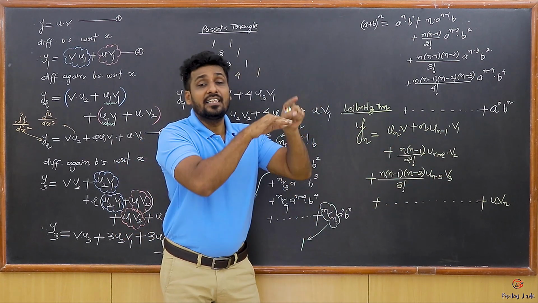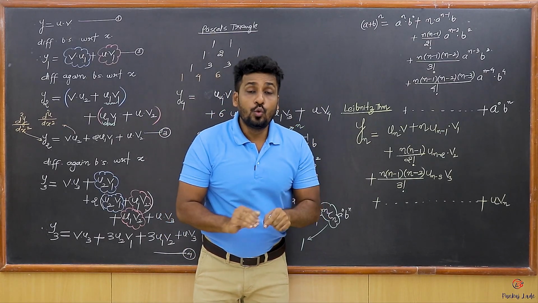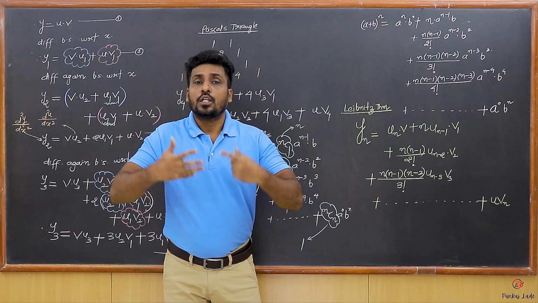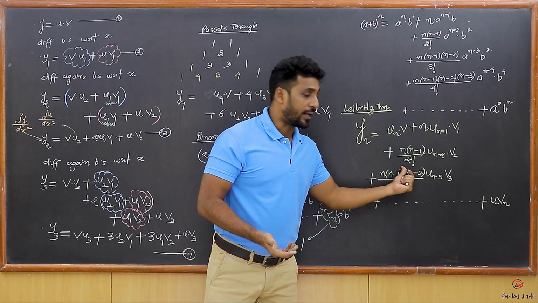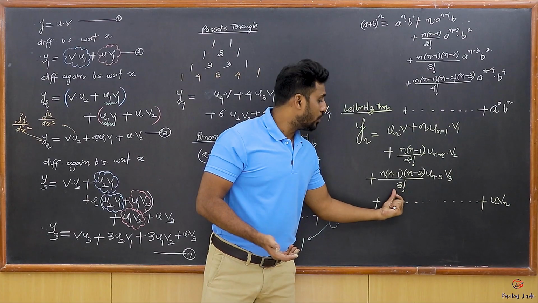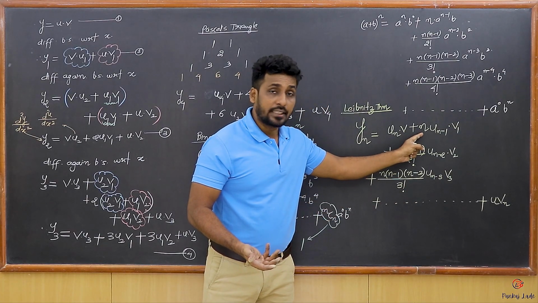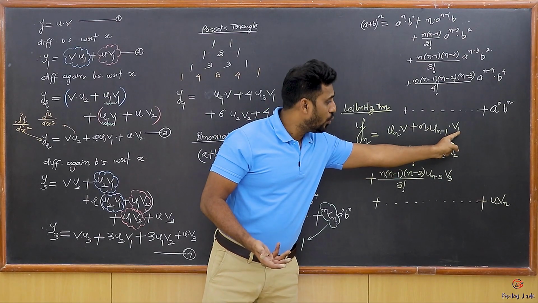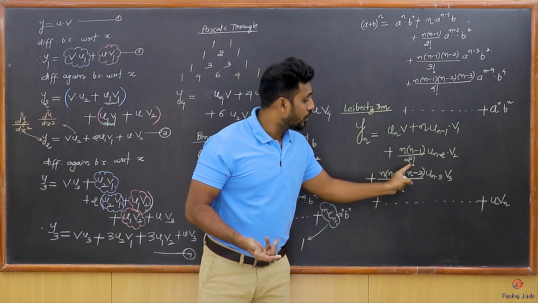That means you're ascending the derivatives of V and you're descending the derivatives of U, and you need to fill up the coefficients. The coefficients are simply filled up by what? 1, n into n minus 1 upon 2 factorial, n into n minus 1 into n minus 2 upon 3 factorial, and so on will keep on coming. Look at this. This is the second term. Look at these coefficients. 1, 1. So that's n. Look at this. 2, 2. So there are 2 terms upon 2 factorial. 3, 3.